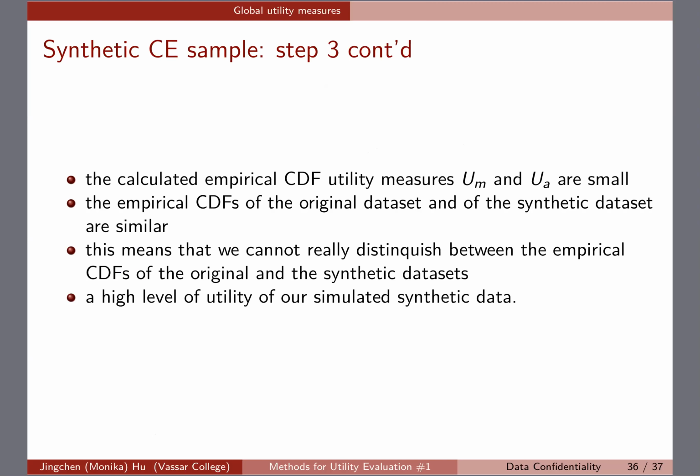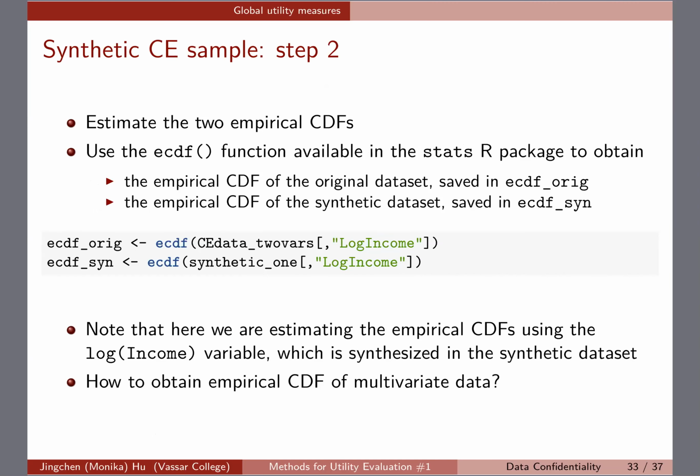Any comments before we go to the other section? Questions? If anybody figured out how to do the multivariate data for the empirical CDF, let us know. I think that will be handy, because the formulation they have in the paper is for dimension D, so multivariate, with D attributes or D variables for each observation.